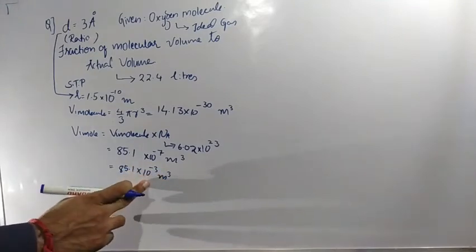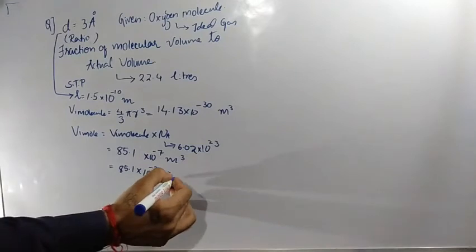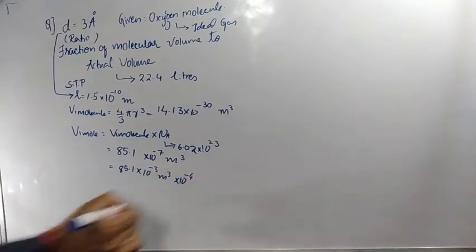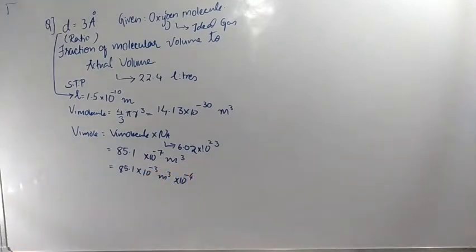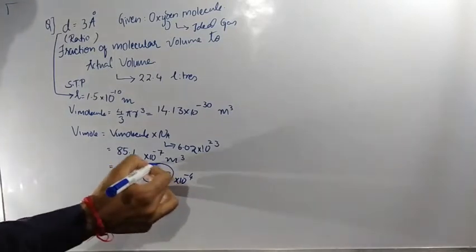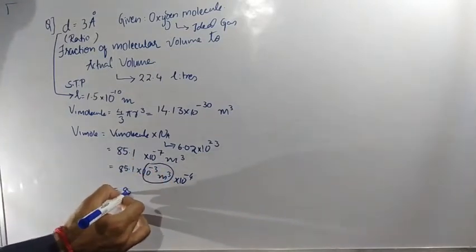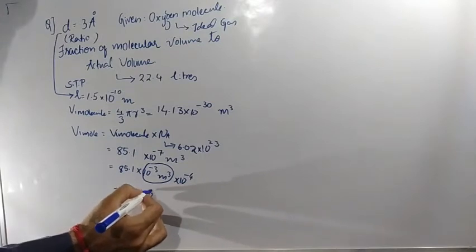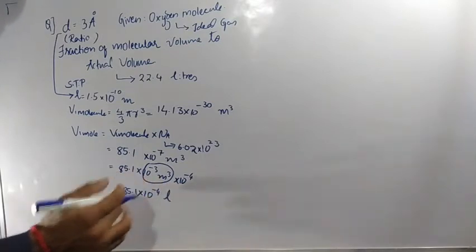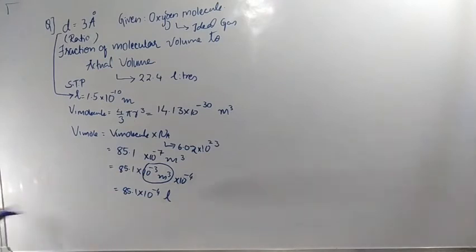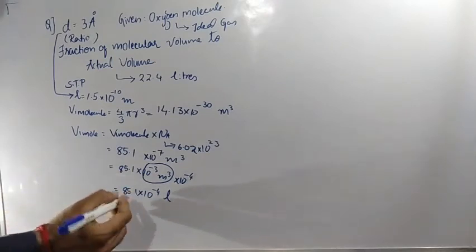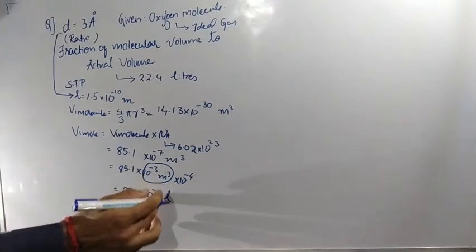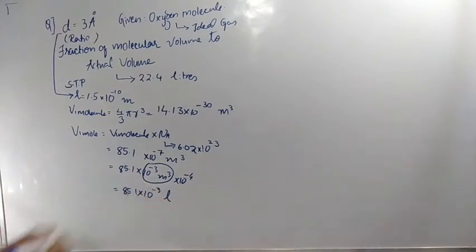Minus 3 we had taken here, so 10 to the power of minus 4 will remain. Correct? So this value I am going to treat as liters: 85.1 into 10 to the power of minus 4 liter, or we can shift the decimal and get 8.51 into 10 to the power of minus 3 liters.